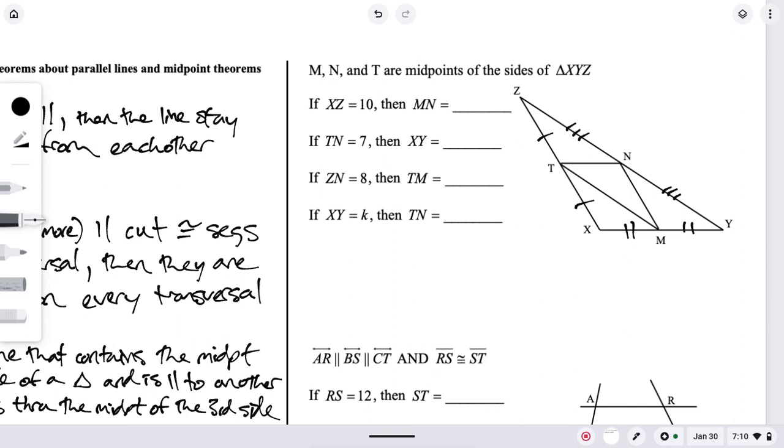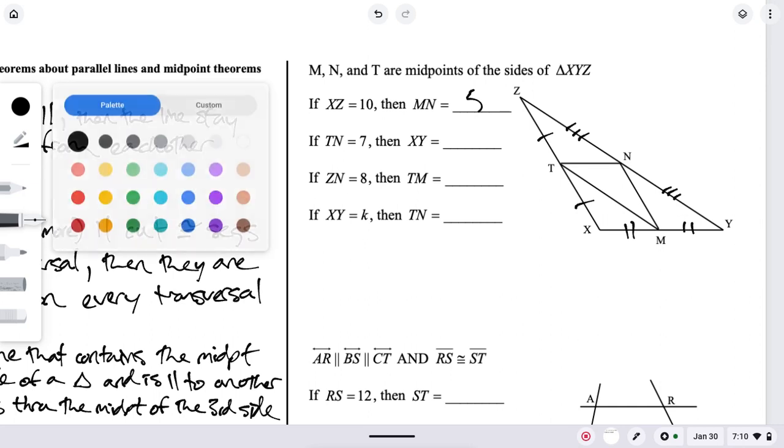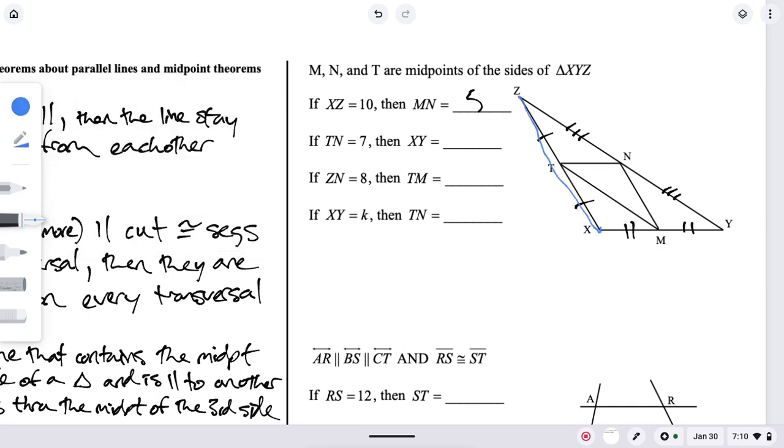If I have XZ, which is this whole segment, then MN, considering it connects the midpoints and is parallel to that, should be half the length of that. So MN is going to be 5. So if ZX is given, just making sure we see that.